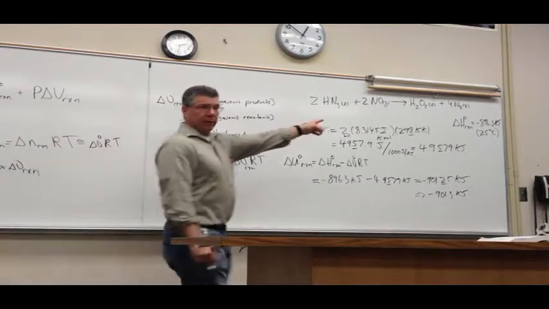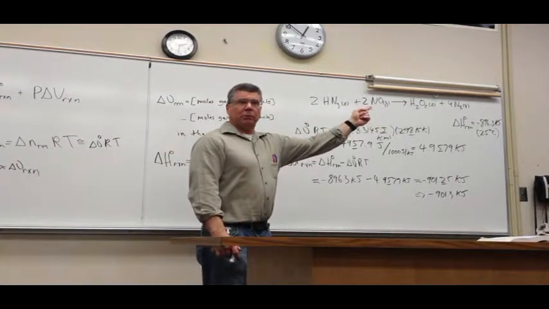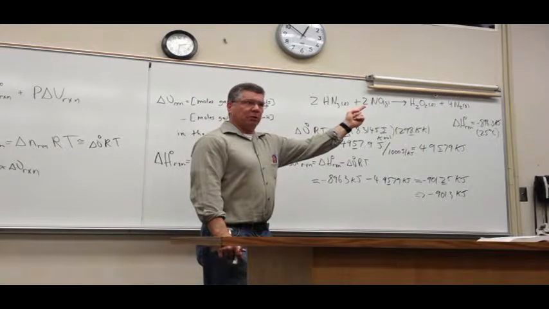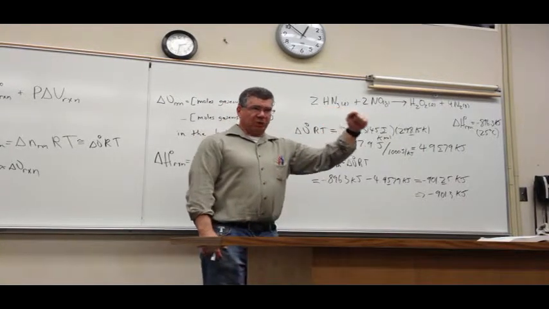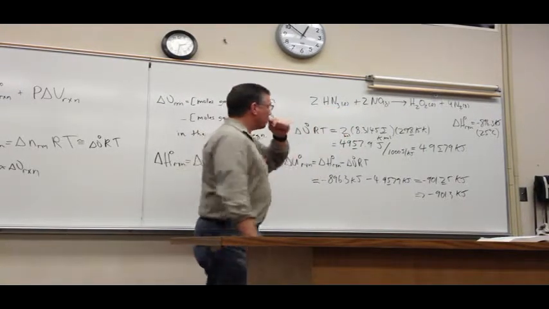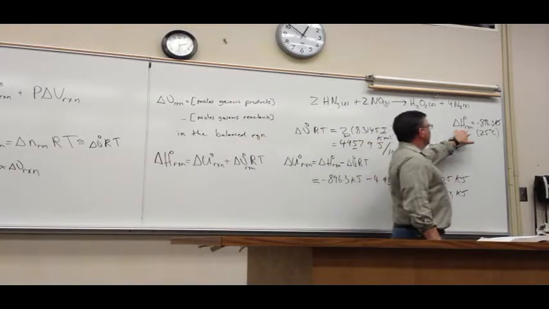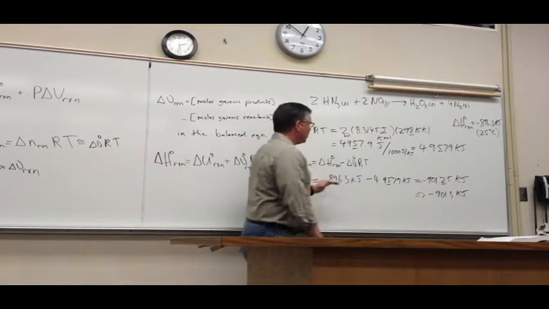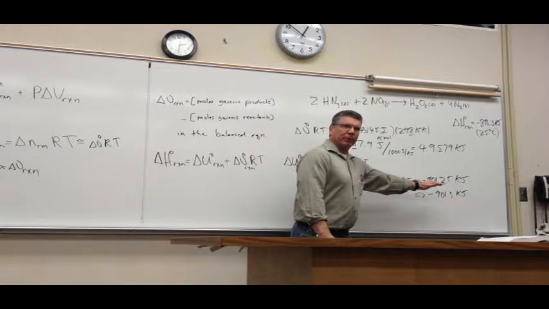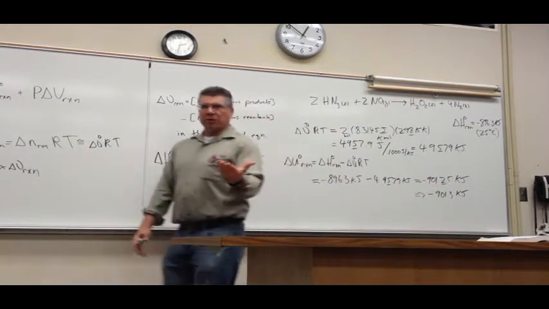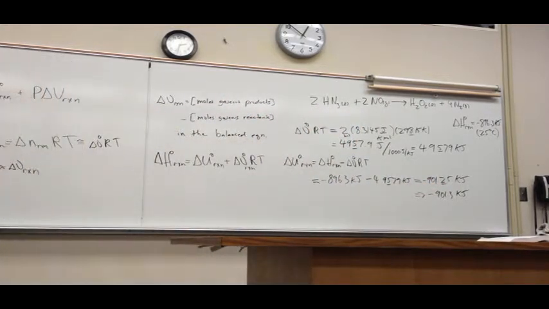And that's what we got over there, right? Remember, delta H is Q sub P. The change in enthalpy is equal to the thermal energy transferred at constant pressure. The change in internal energy is a little bit more. That means that some of that energy had to go somewhere else. Where do you think that went?